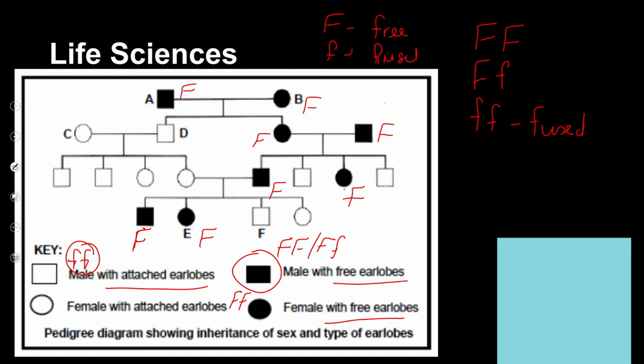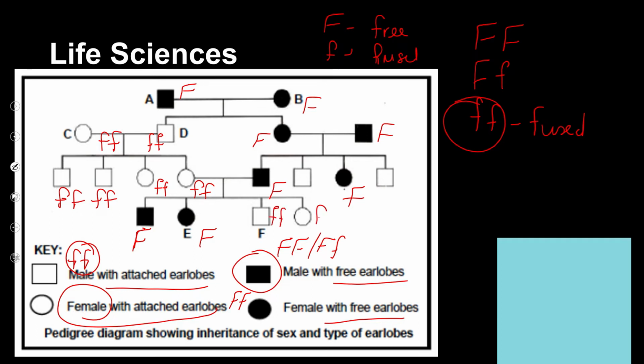What's also important to realize is that the attached earlobes are the recessive trait, and these can only be individuals that have a homozygous recessive combination. So guys, this means these individuals have to have two recessive alleles, and all of the unshaded individuals in this case have two recessive alleles.